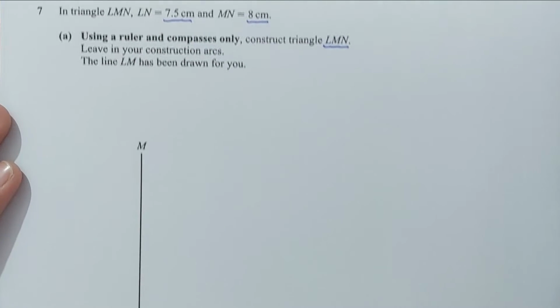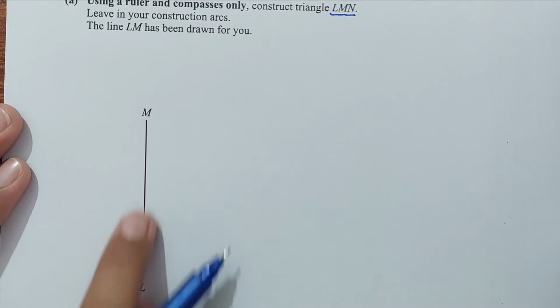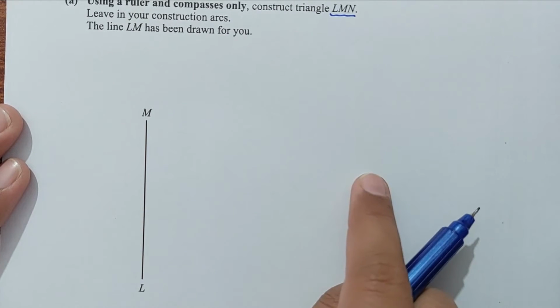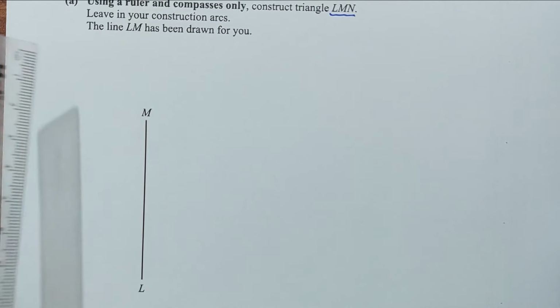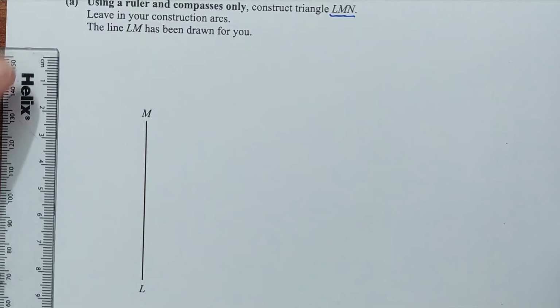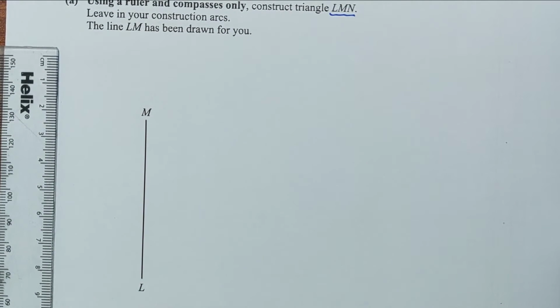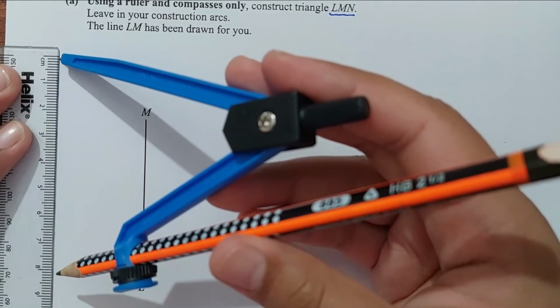Okay, LM is already drawn and LN is 7.5 centimeters. Let me open the compass and measure the length of 7.5. This is in centimeters.